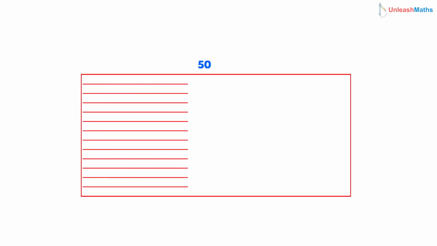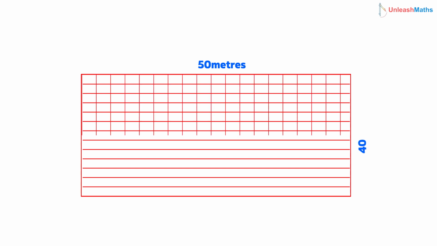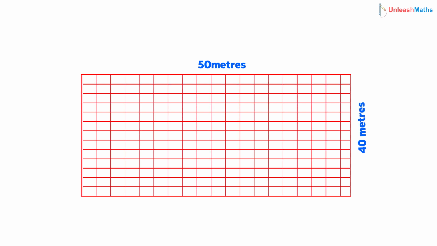Now imagine my plot of land is a rectangle with the length of 50 meters and the breadth of 40 meters. So, I can divide this rectangle into 50 1-meter squares along its length and 40 1-meter squares along its breadth. So I get 2000 such squares in the space inside the plot.